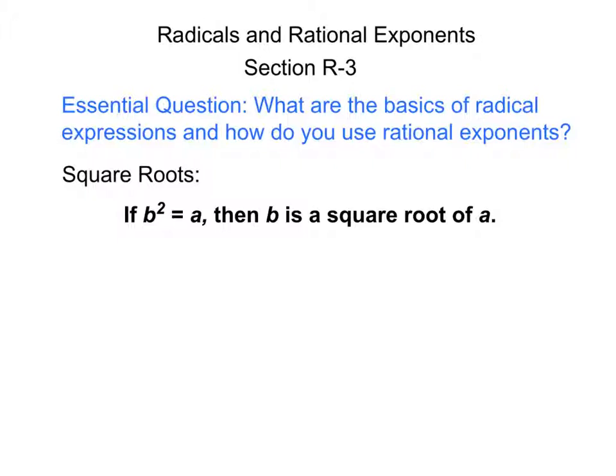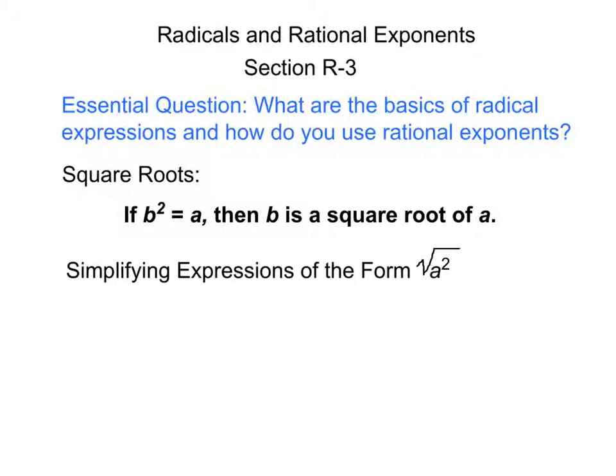We have several rules regarding how we use square roots and radical expressions. Now you may initially think that simplifying the expressions of the form the square root of a squared is simply equal to a. However, this is not necessarily true. For example, if we have 25, minus 5 times minus 5 is equal to 25, as well as positive 5 times positive 5 is equal to 25.